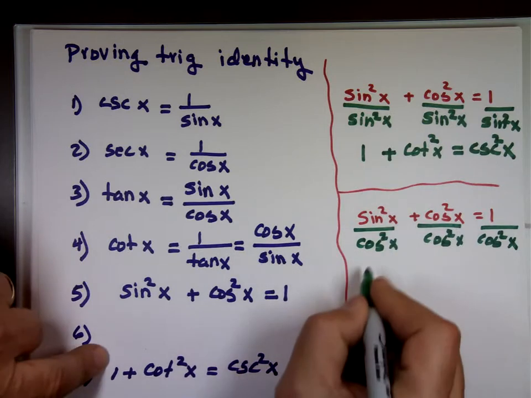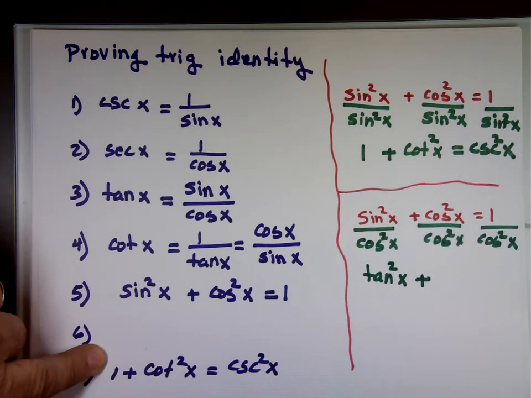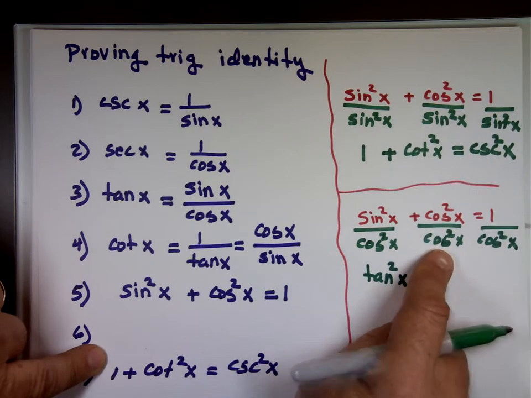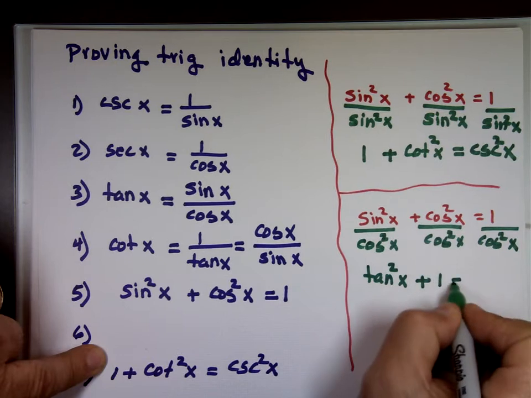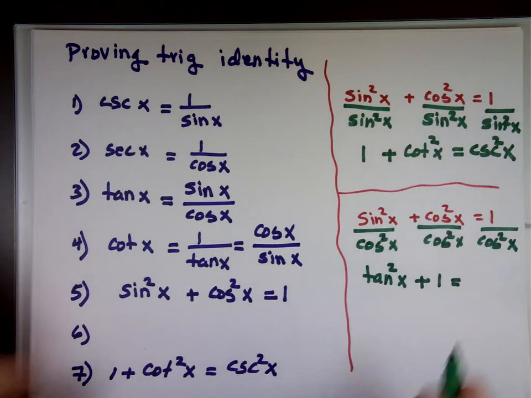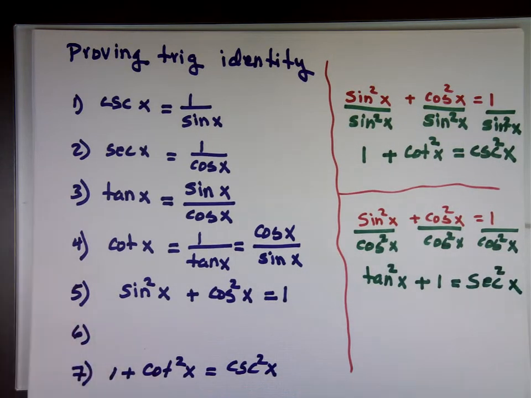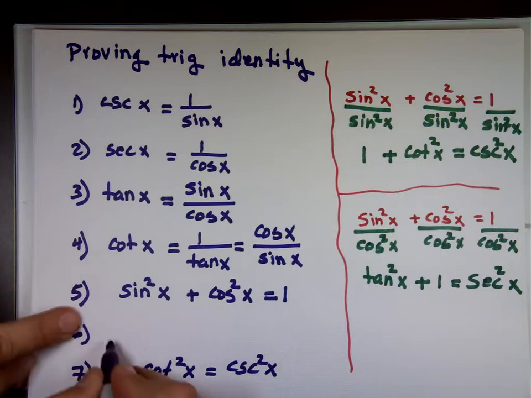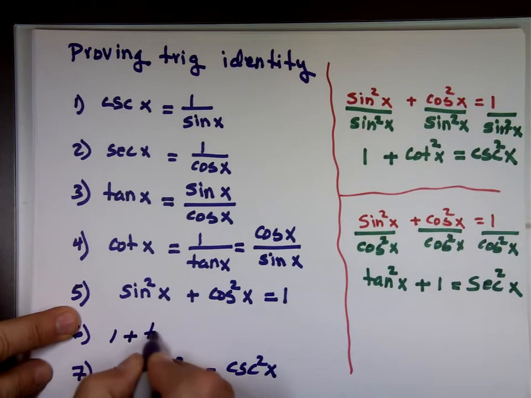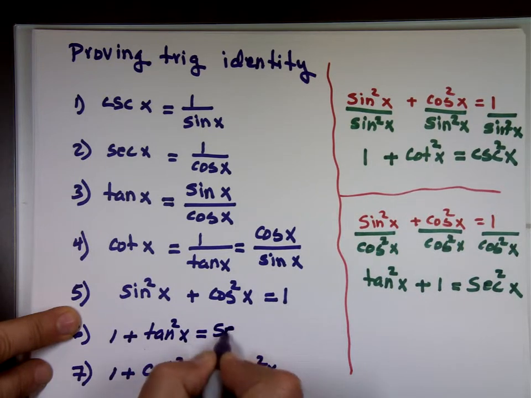So this will be tangent squared plus cosine squared over cosine squared, which is 1. And again, what's 1 over cosine? That'll be secant squared. Isn't that equation number 6 on the board? Except they wrote the 1 first. It's the same thing. So 1 plus tangent squared x equals secant squared x.